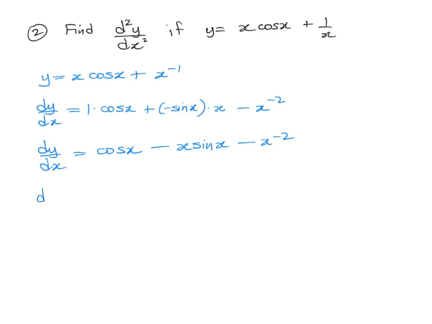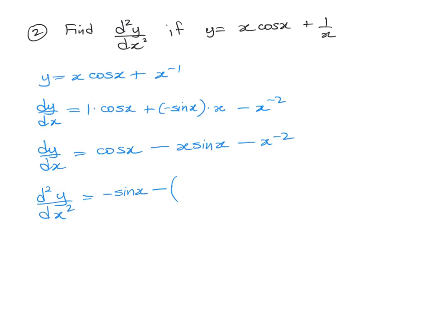So d squared y over dx squared is equal to, well, the derivative of cosine x is negative sine x, and then minus, and I'm going to do parentheses for this product that I have to take the derivative of. So forget the minus sign. I've taken that and put it over here. So it's just x sine x that I'm taking the derivative of.